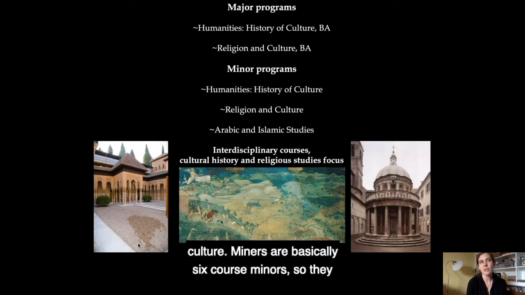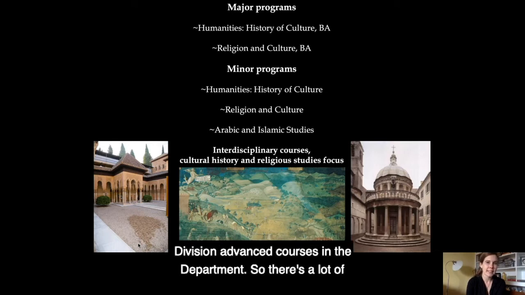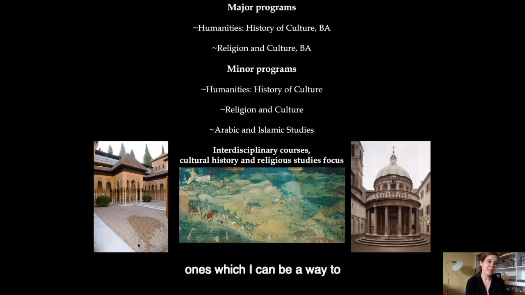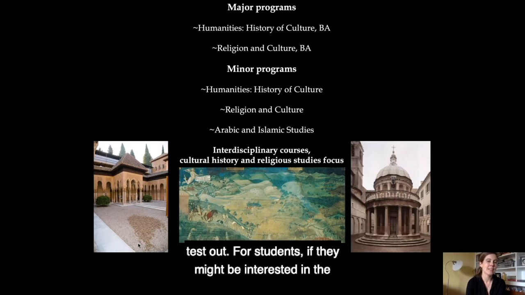They essentially ask students to take 3 lower division introductory courses in the department, and then 3 upper division advanced courses in the department. So there's a lot of flexibility there. Both of those minor programs can be a way for students to test out whether they might be interested in the larger study of a major, or wonderful ends in and of their own right as well.